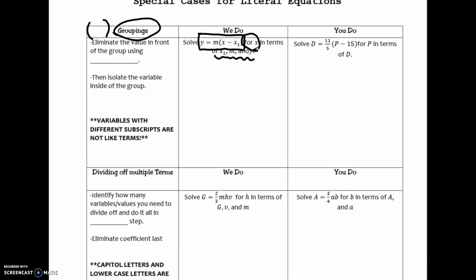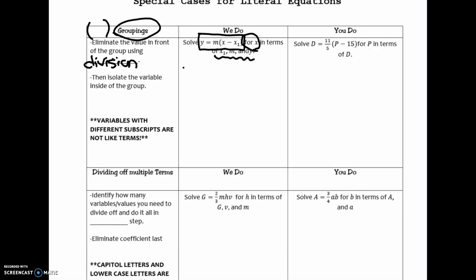In order to do this, the first thing you're going to want to do is eliminate the value in front of the grouping. Most of the time we used distribution to get rid of the groupings, but this time we're actually going to use division. We're going to divide that thing off so that it isn't attached to the other variables anymore.